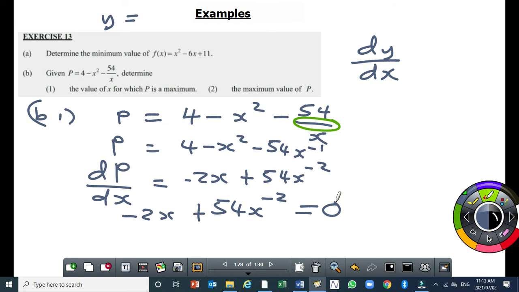Now listen carefully. From that point there, where I wrote the derivative is equal to 0, everything that I'm going to do after that is not grade 12 and it's not calculus, it's equations and exponents. That's part of algebra. And that algebra is the one which most of you need to refresh yourself on. If you have got your own tutor somewhere, tell your tutor that my teacher said I must go over the algebra.